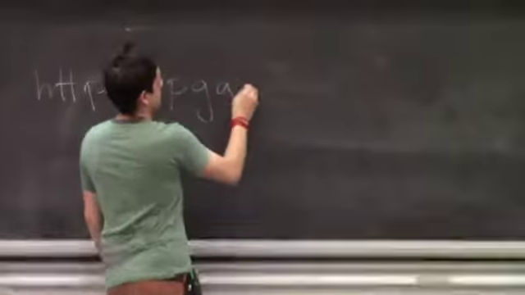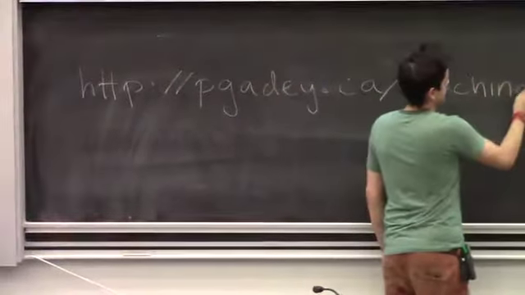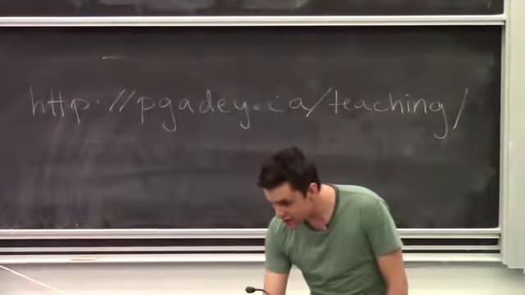Please go to pg80.ca/teaching, and then select our course B41, and homework 6 is right here. There'll be a link to it after lecture today. This is the last homework assignment, so that's excellent.